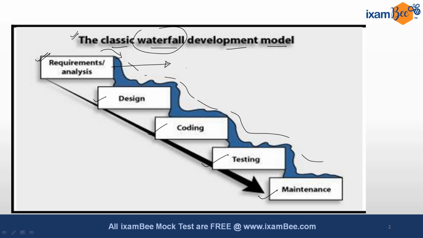Requirement analysis says that whenever you are going to make any particular software, you have to gather all the requirements that are necessary to make the software. Like what are the inputs that will be taken, what are the outputs that should be given, what are the specifications, what are the client specifications. You have to discuss all these things and codify them in your requirement analysis phase.